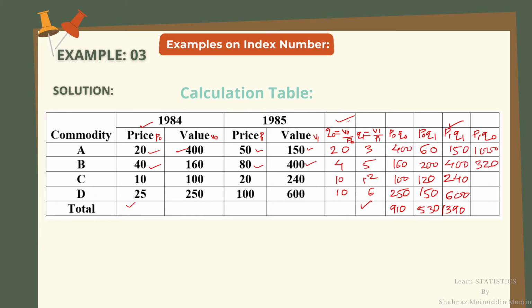Similarly, after adding all these values we get the total as 2520. Now we shall obtain the Laspeyres price index and quantity index.